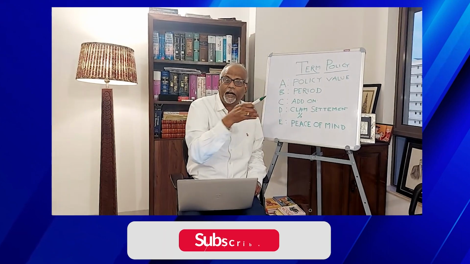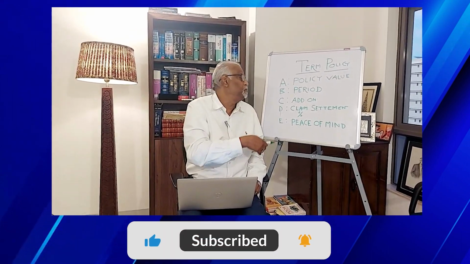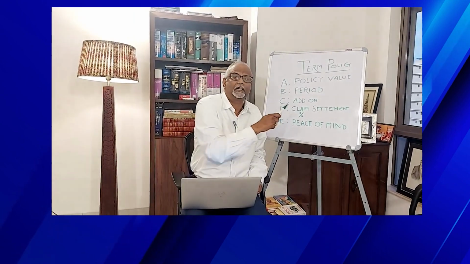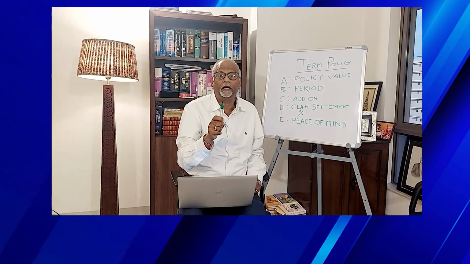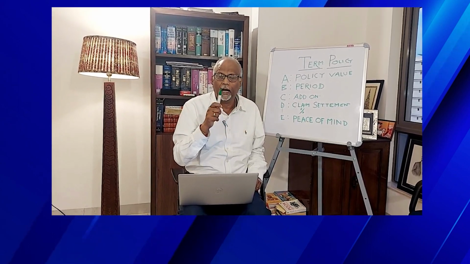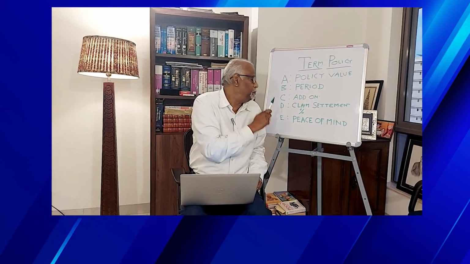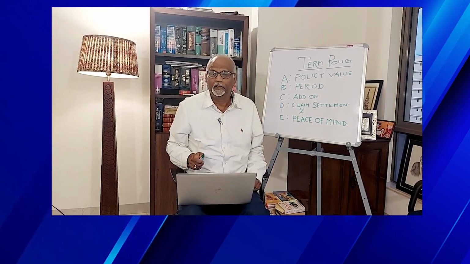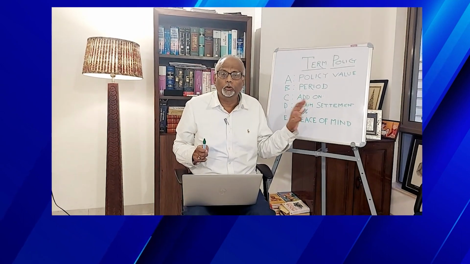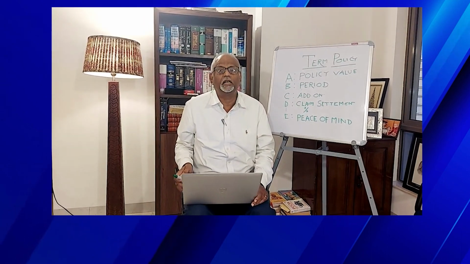Period is very important. I have explained to you. Add-on cover is very important. Claim settlement percentage is very important to select the right insurance company who can underwrite your risk, and peace of mind. Friends, these are the 5 important issues which you need to consider before taking a term policy.